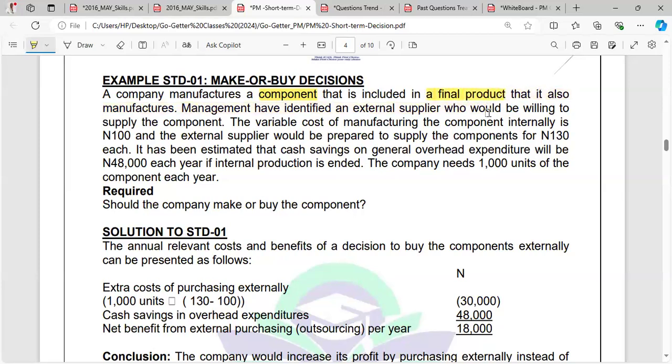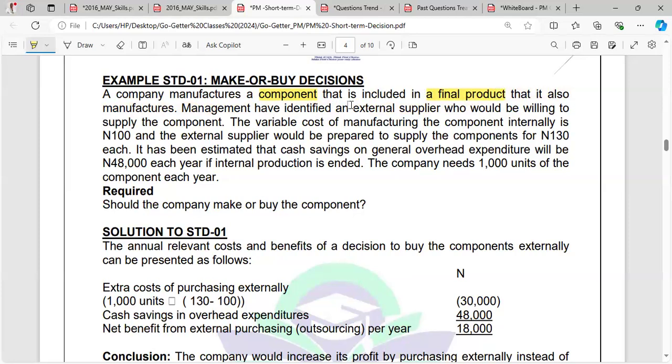Let's call it wristwatch. So let's say the final product is wristwatch, the component is battery. So the company can do the battery, can also do the final product wristwatch.